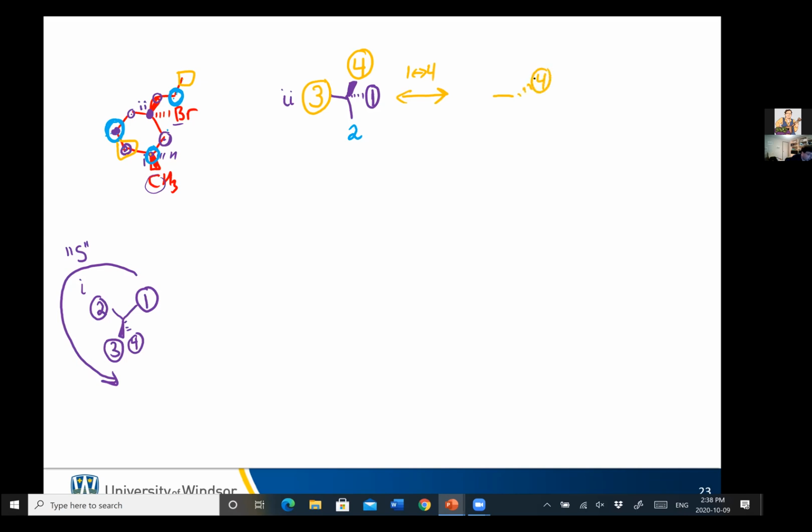That's the reason I'm doing that, because I want 4 back and away from me, which means I have that. I draw my line 1 through 3. It's R because it's clockwise, which means this must have been S. So this stereocenter is S, this stereocenter is S.